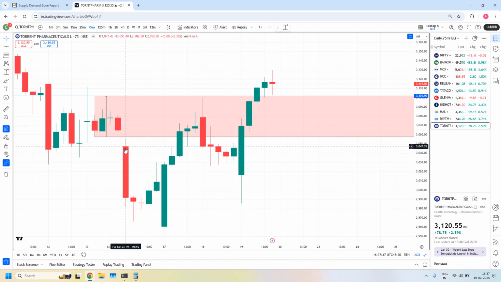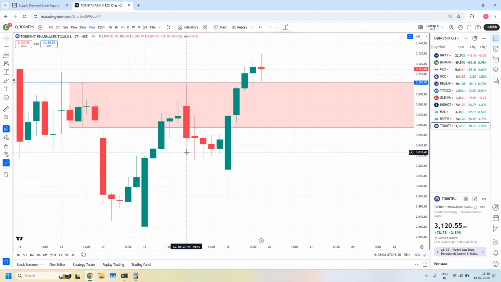Sorry, this is the candle. The candle open is here. But actually the daily candle open is at this blue color line. That's why it is a big candle. Anyway, whatever data we are getting, the morning intraday candle's 9:15 open is nothing but the intraday price open. So it is up to you whether to consider this as your zone high or this as your zone high. If you feel this is violated, leave it.